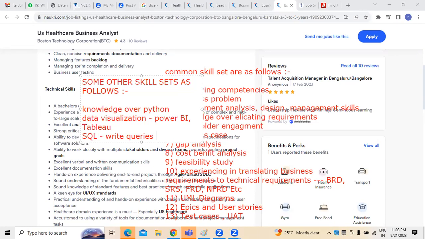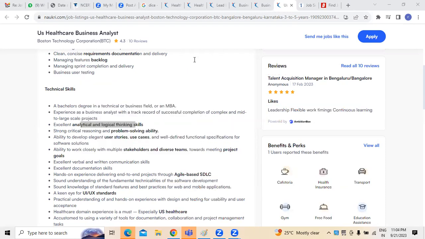So these are the additional skill sets. I can say these are the technical skill sets; to understand yourself more easily I'm writing. Understood? Clear? These are the common skill sets a business analyst must be good with.